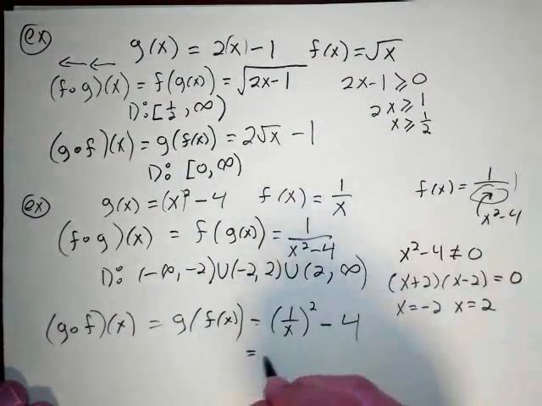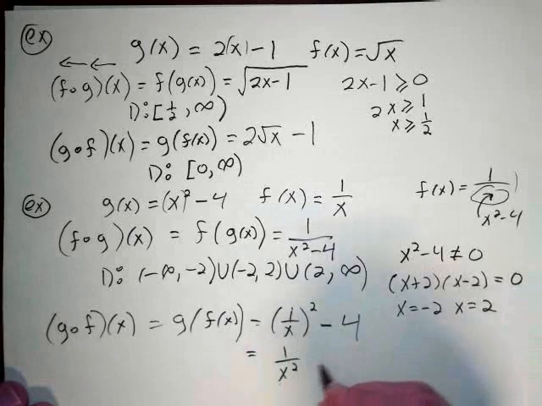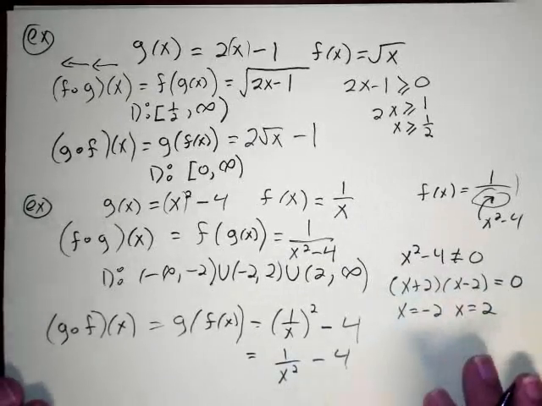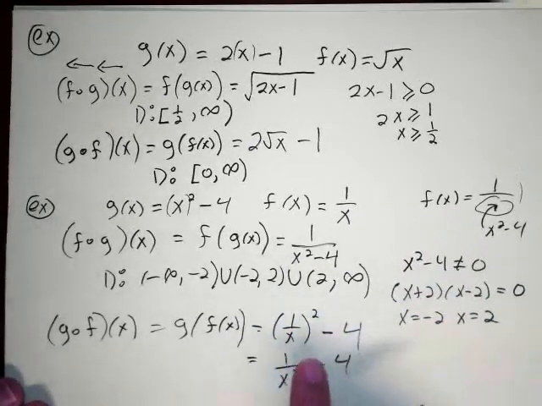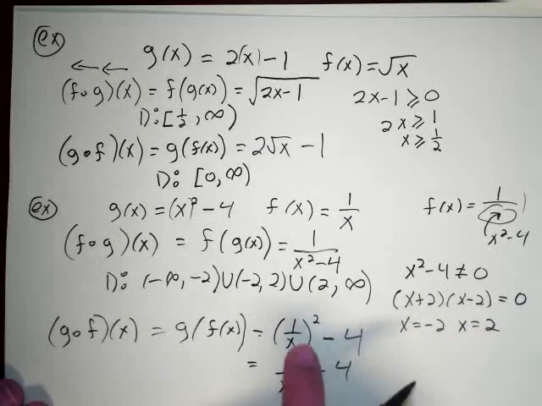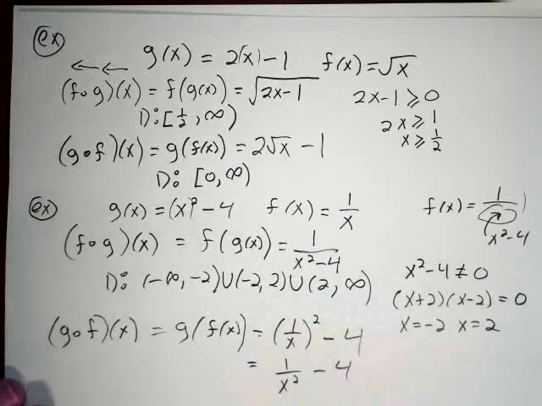Okay, I could probably simplify that to just 1 over x squared minus 4. You could combine it over common denominator, whatever. This is fine. And to get from here to here, of course, I just squared numerator, squared denominator.